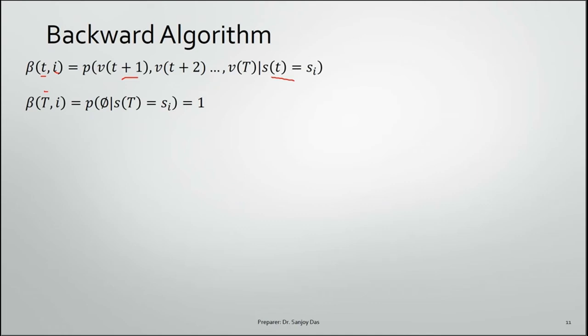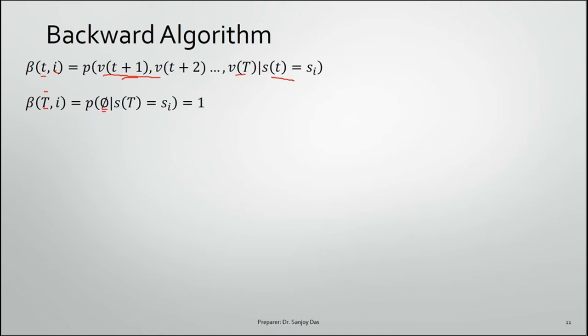Since beta accounts for the future sequence of outputs, if we are at the last step, there is no other sequence left. So beta_T(i) is equal to the probability of null, because we have already reached the last step T, and there is no future V_{t+1}. V_T is the end.